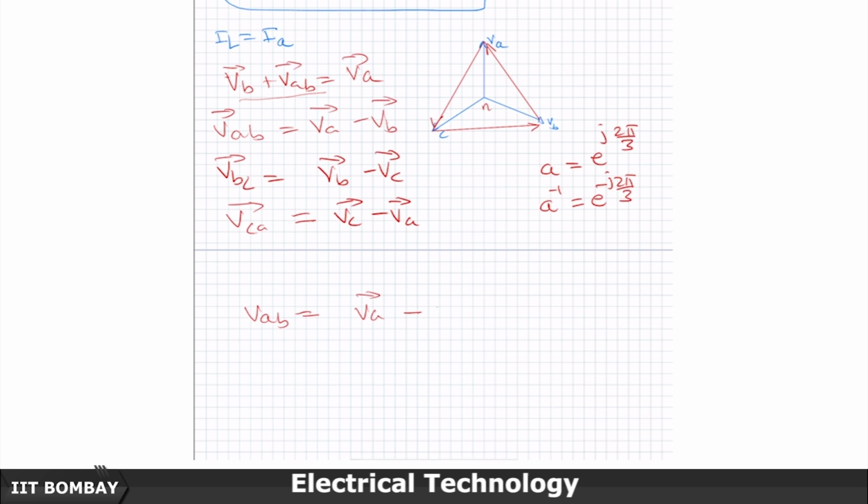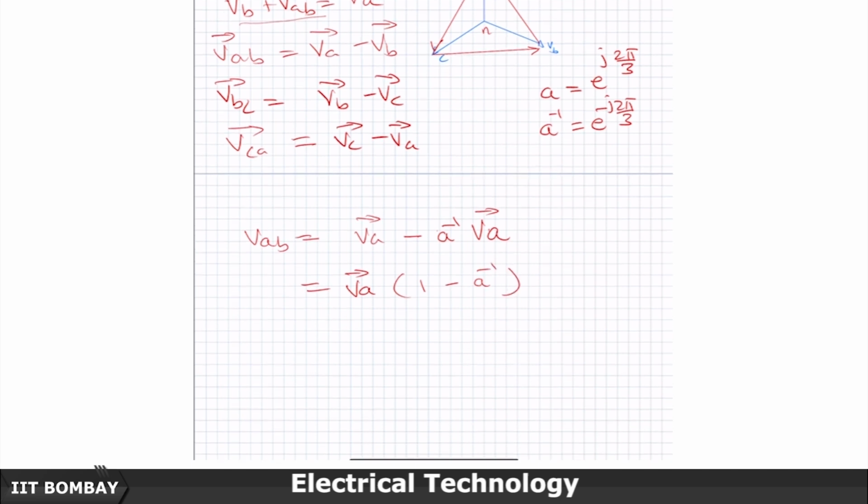So, therefore, VAB is VA minus VB, which is 1 minus A inverse of VA. So, I can take VA common and write this as 1 minus A to the power minus 1 of VA.